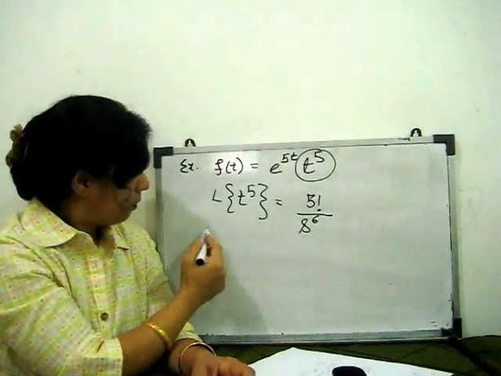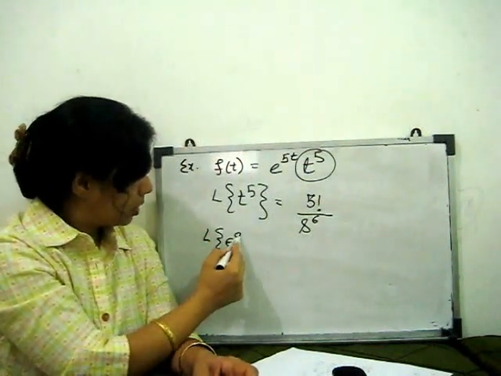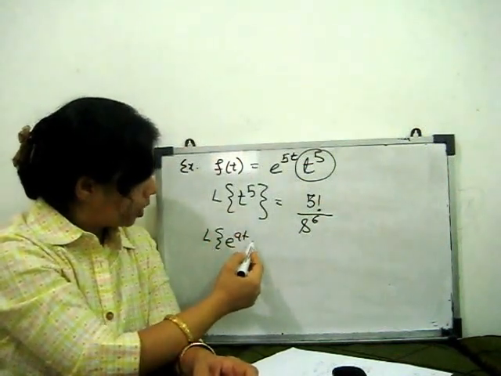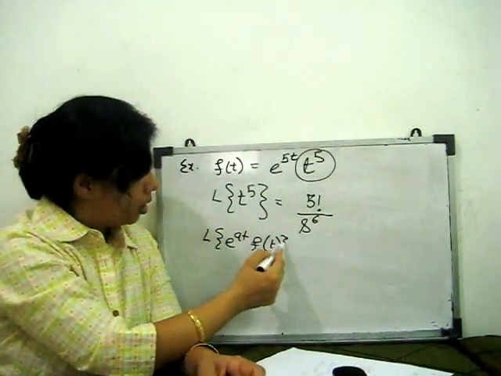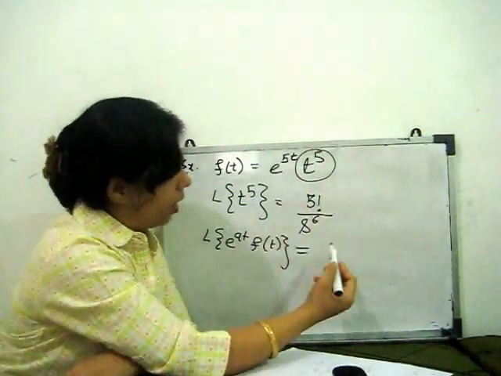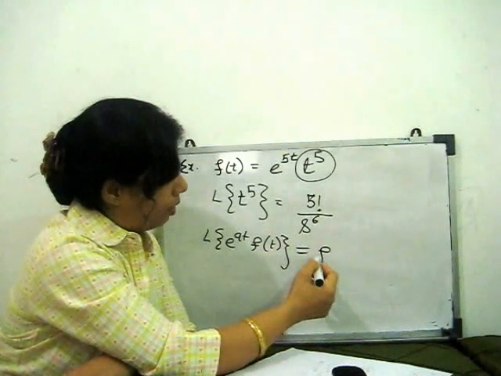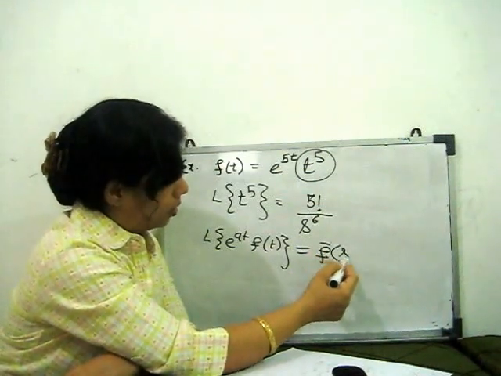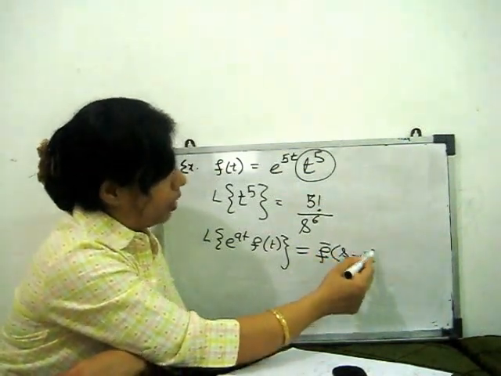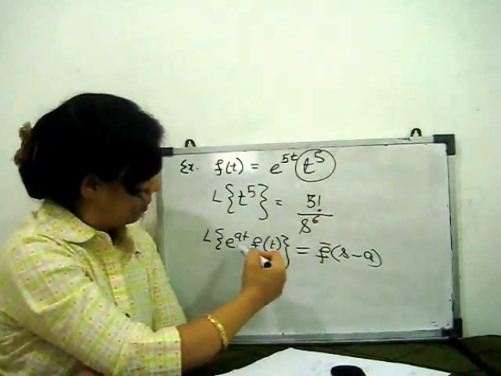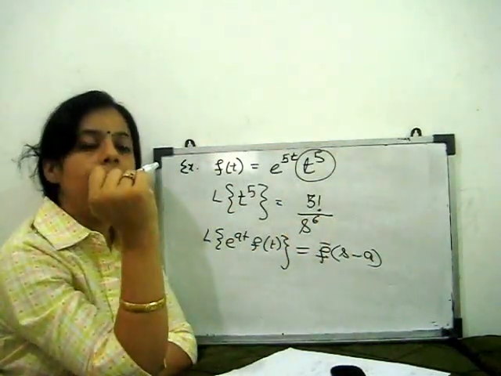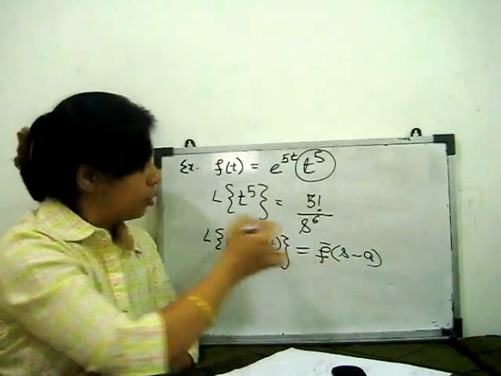Now what is our first shifting property? It states that the Laplace transform of e to the power at f(t) is f bar of s minus a, that is, s is replaced with s minus a.